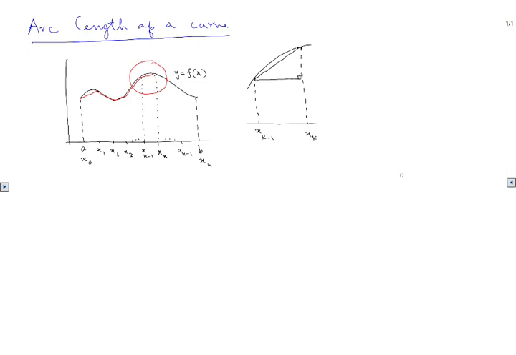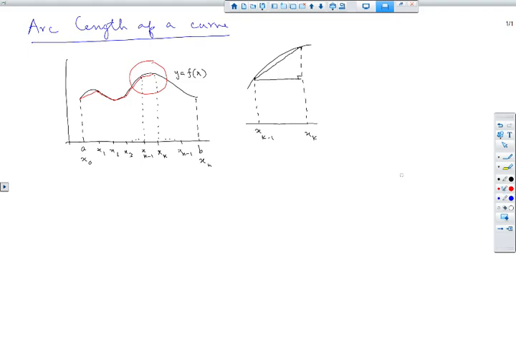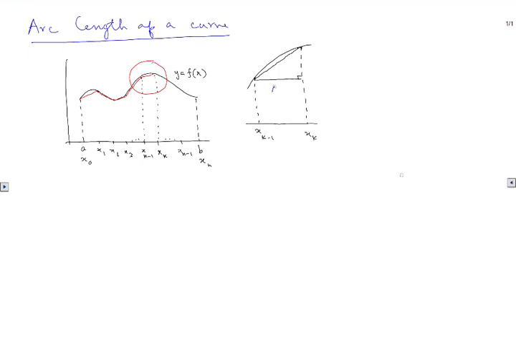Let's assume this gap is delta x, this gap is delta y, and this length is delta L. Then this is the delta S. We're going to approximate this delta S length by delta L.